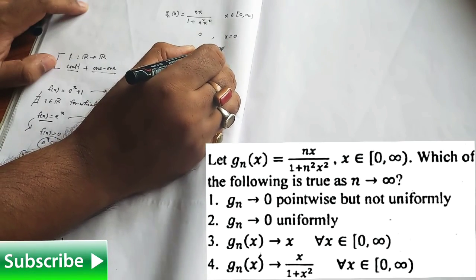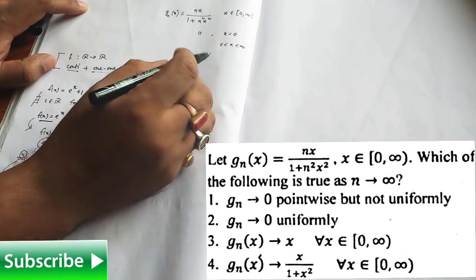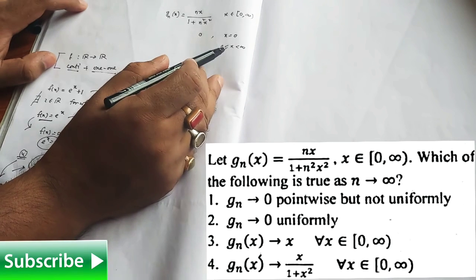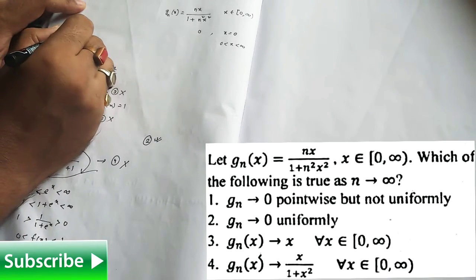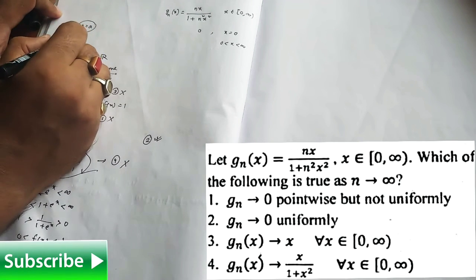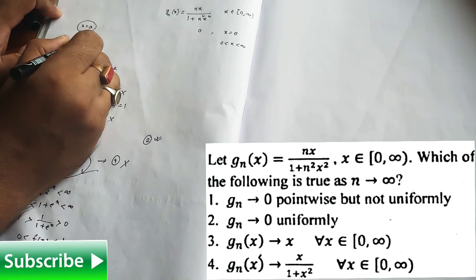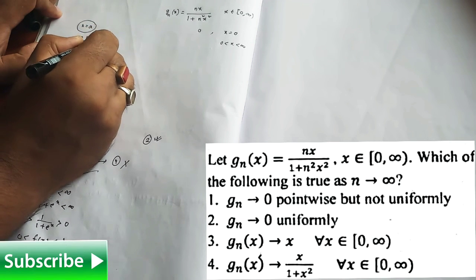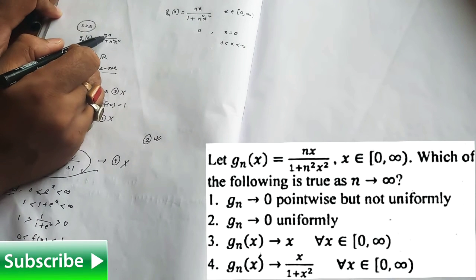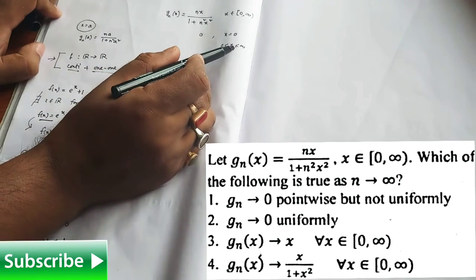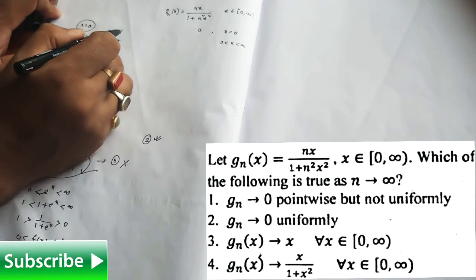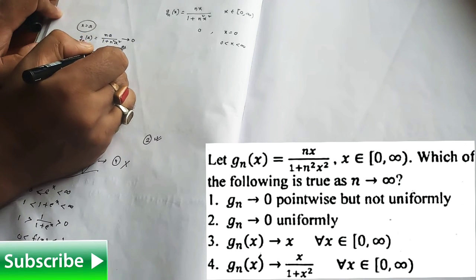Now in the range 0 less than x less than infinity, you can simply take any point x equal to a and observe that your g_n(a) becomes n a by 1 plus n squared a squared. a is a constant which lies between 0 and infinity. Now as n tends to infinity it goes to 0.